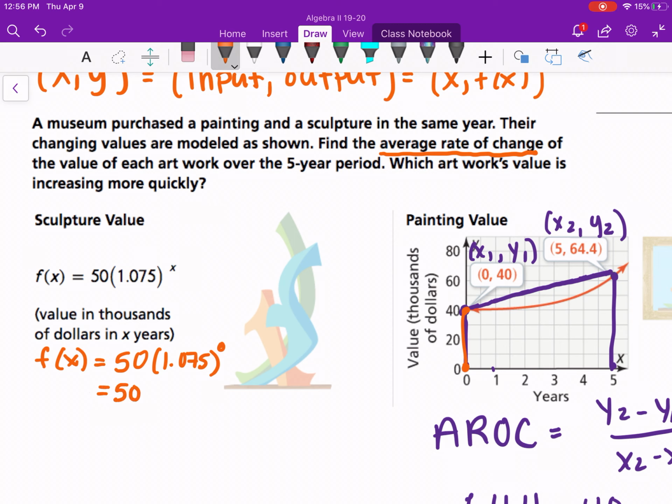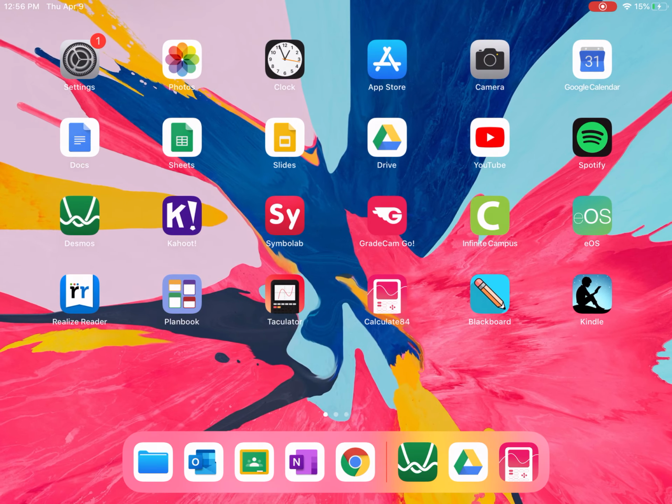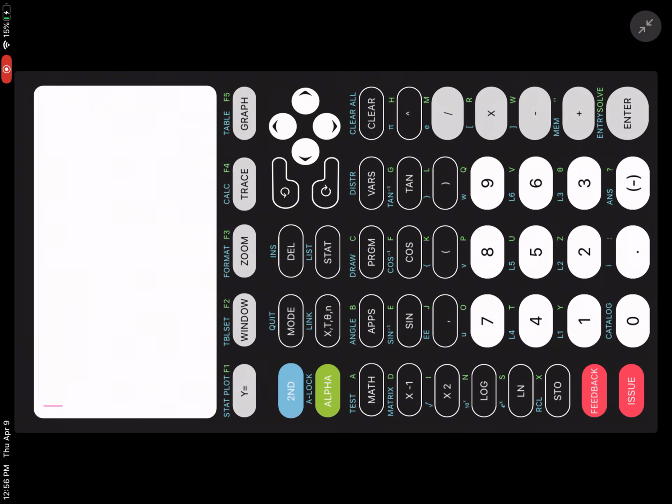So I can say that when x equals 0, when I plug in 0 for x, my output is 50. Okay? And again, I can show you that on a calculator if you want. 50 times 1.075 to the 0.